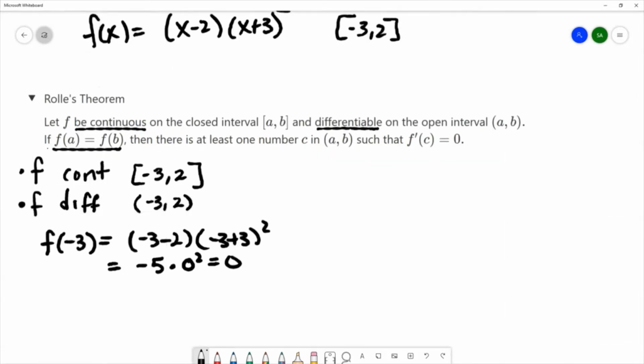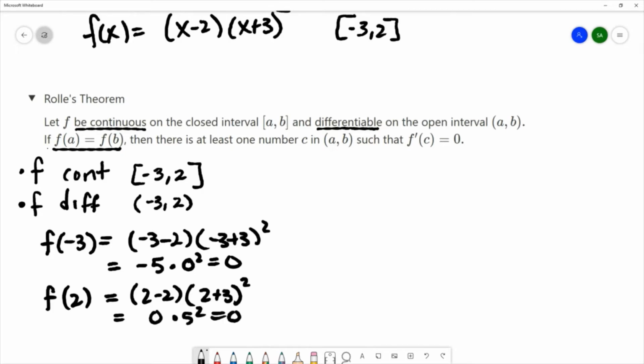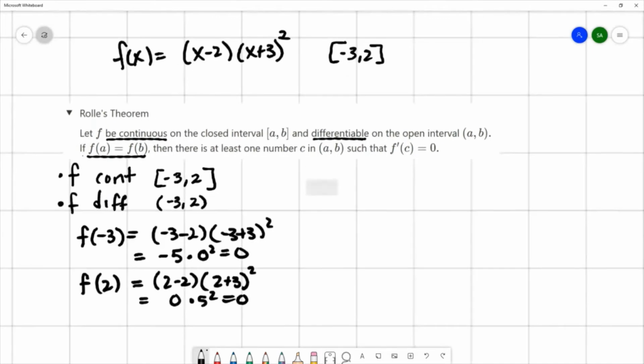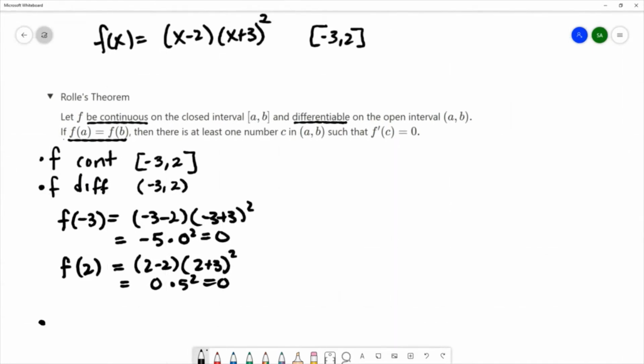Let's check f of b. F of b is f of 2, and that's (2 minus 2) times (2 plus 3) squared. That's 0 times 5 squared, which is also 0. So the third condition is met, that f of a is equal to f of b, which is 0.